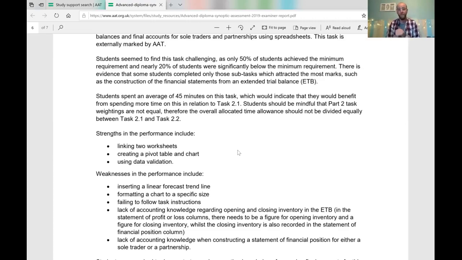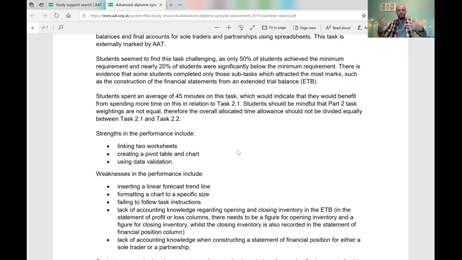Students should be mindful that part 2 task weightings are not equal. Therefore, the overall allocated time allowance should not be divided equally between task 2.1 and task 2.2. Because if the weighting isn't the same, don't think that you need to spend 35 minutes on that task and the same on that task.